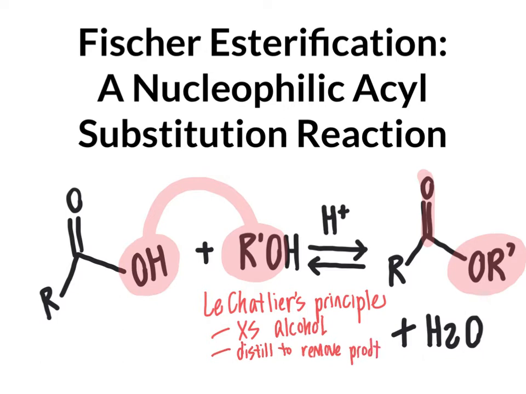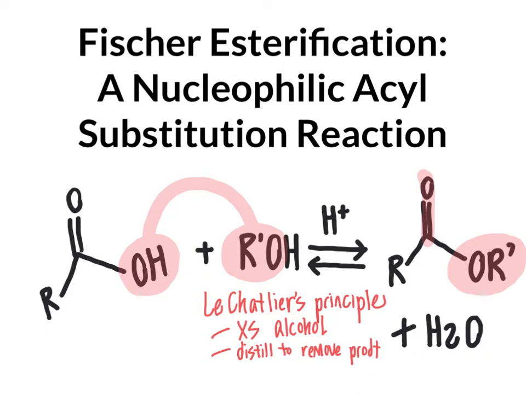So by distilling, if we heat up the reaction mixture to the point that the lower boiling point product, which perhaps is the ester, depending on how long these alkyl chains are, can be removed from the mixture as it forms, that will also, via Le Chatelier's principle, perturb the system and force the equilibrium toward the side of the product to maximize the yield of the ester product in this reversible reaction.